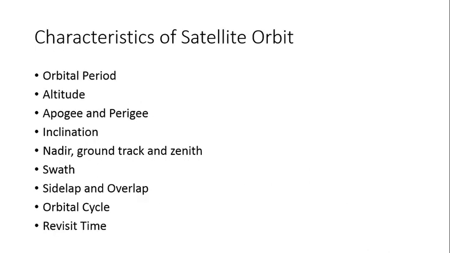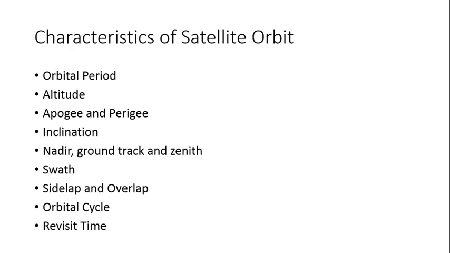So, what are the characteristics of a satellite orbit? The following is the list of characteristics: orbital period, altitude, apogee, perigee, inclination, nadir, ground track, zenith angle, path, side lap and overlap, orbital cycle, and revisit time.